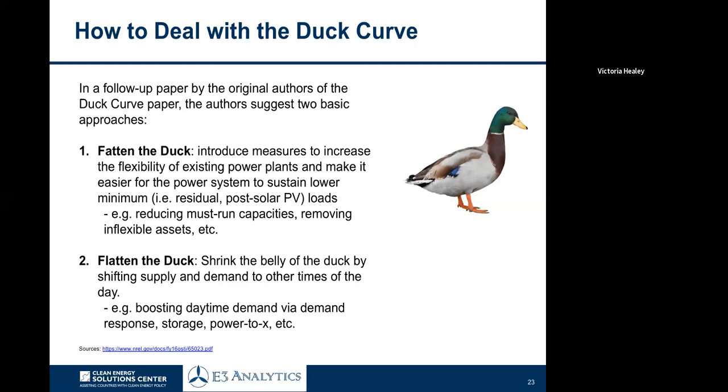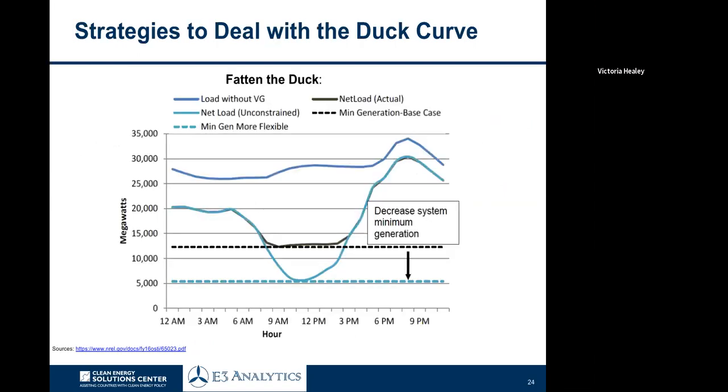So things that people are using at night, try to shift those loads as much as possible into the daytime, or by using storage, or by using power to X, power to hydrogen, power to gas, and so on. Various options there, which we'll unpack in the slides to come.